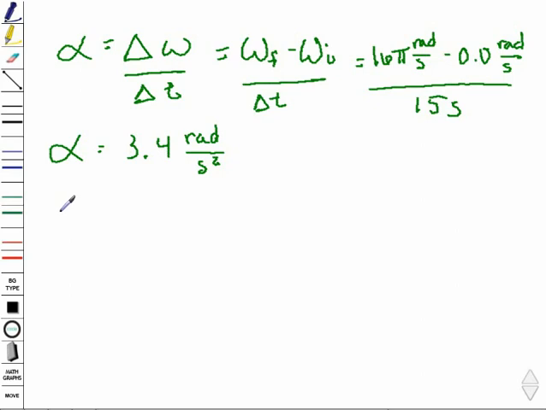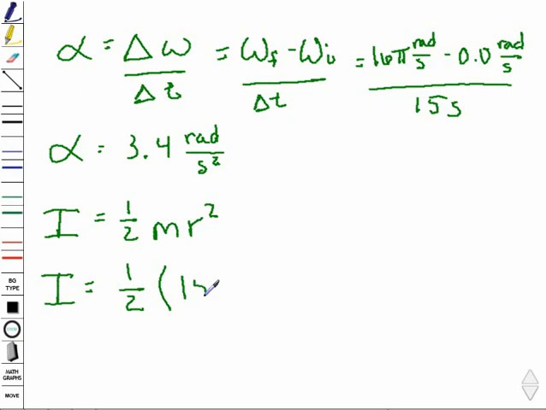We next need to figure out our moment of inertia, which is symbolized by I. For a disk, the expression for the moment of inertia is 1/2 mr squared, the m being the mass of the disk and the r being the radius, which are both given to us in the problem. So we can solve for our moment of inertia. We have our 1/2.